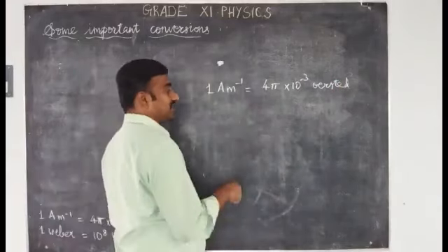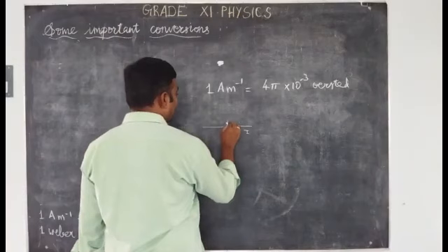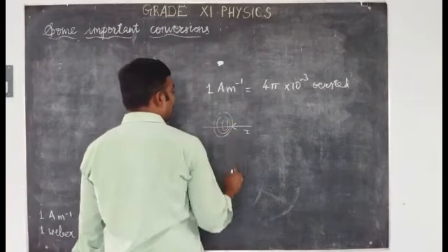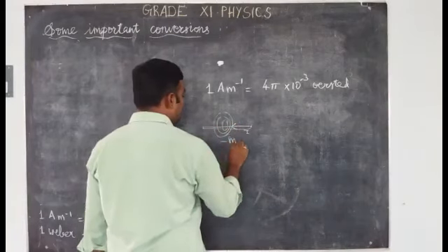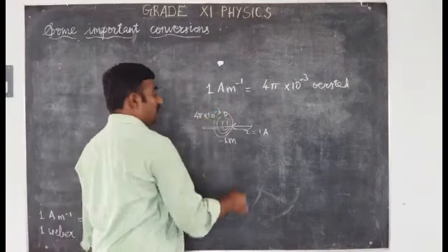We know that a current carrying conductor produces magnetic field around it. So for a conductor of length 1 meter with 1 ampere current flowing through it, the field is equal to 4 pi into 10 to the power minus 3 orsted. Okay.